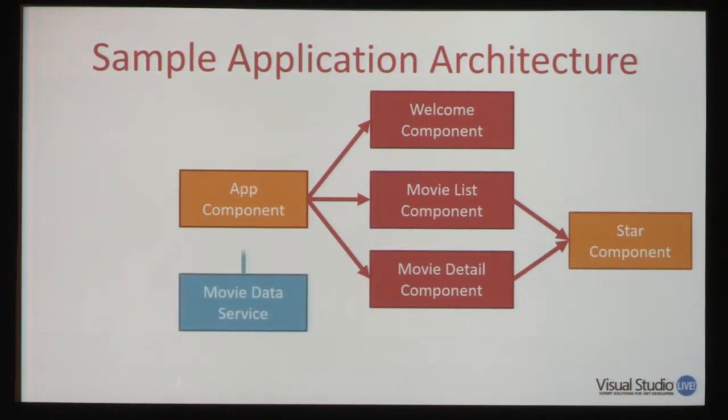And then, of course, we need a movie data service that's going to provide the movie data. And so we're going to see how to build a service. And lastly, we need that ubiquitous index.html, which, as you know, when you hit the website, is usually the first file that comes down, and that's how we're going to host our application. Okay, so are we good with what we're building?